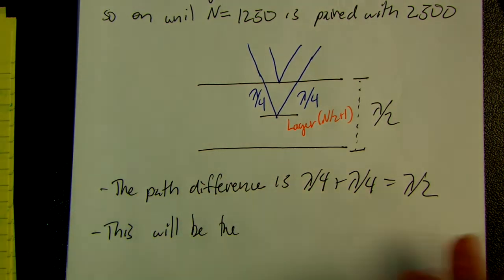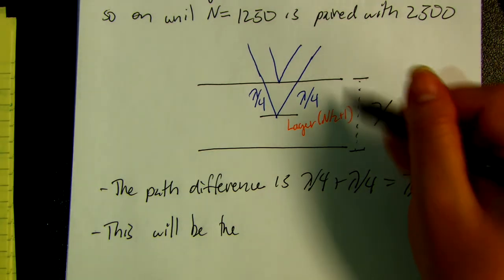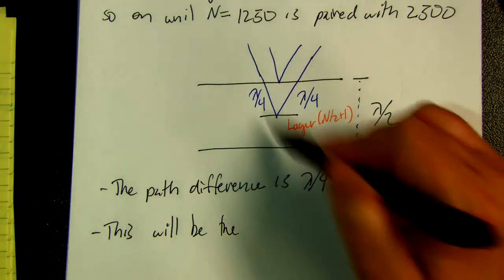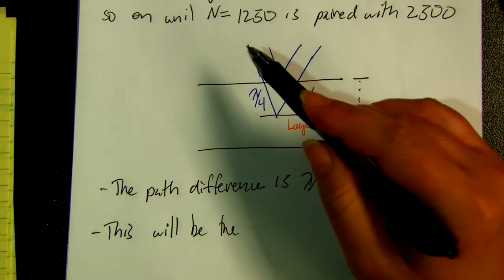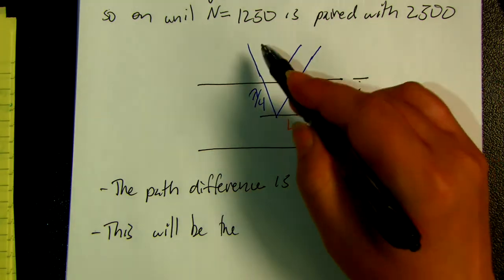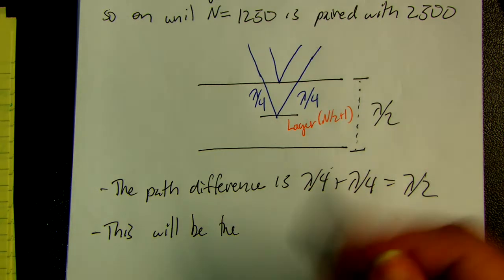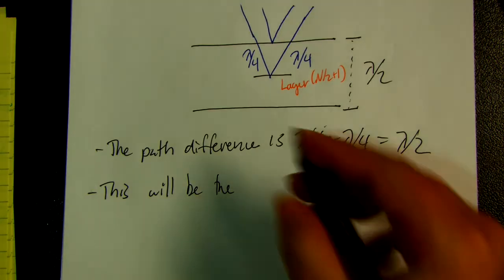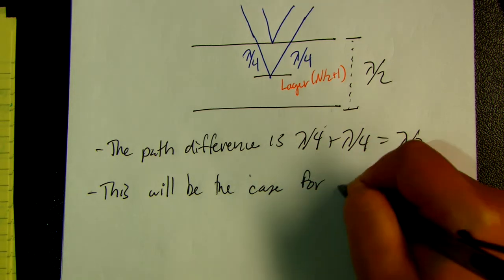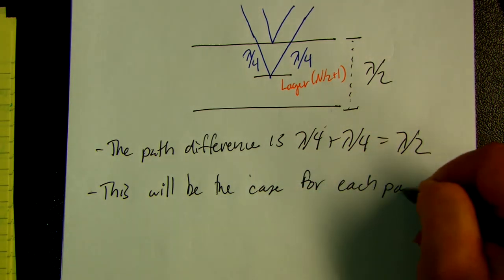So remember, this is a lambda over 2 thickness for the entire bubble. So this is the entire bubble thickness right here, and this is looking at the interference between the topmost layer and the middlemost layer. And then we're going to see this pattern repeated for all the subsequent layers. All right, so this will be the case for each pair. And you'll never look at soap bubbles the same.